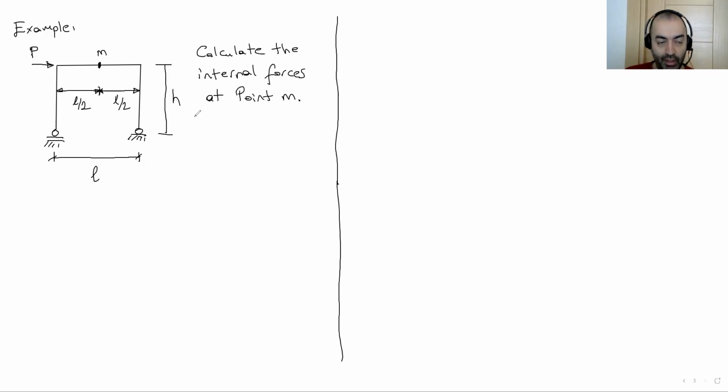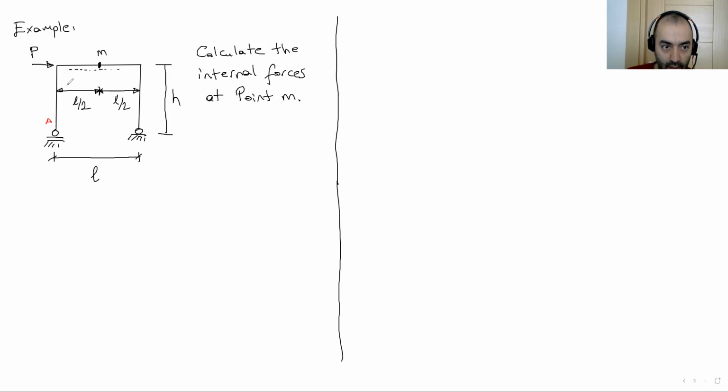Firstly, you know what we are going to do: the support reactions. What we have again, this point A. Let me write the names. By the way, I forgot the important thing.